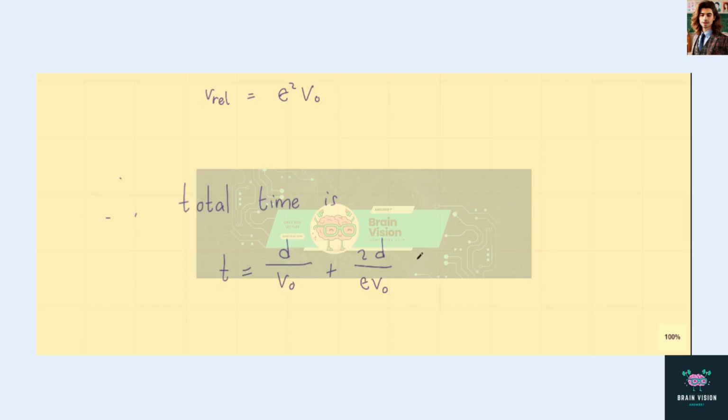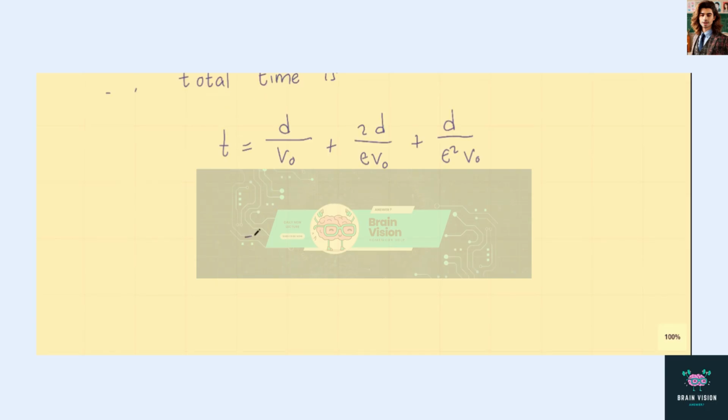Actually, in this case, 2d is the length of the cart, and d is half of that length. Plus the distance from B back to the center, d, over its now velocity, which is e squared v naught. And so we get the total time for this to occur to be d over v naught into 1 plus 1 over e, all squared.